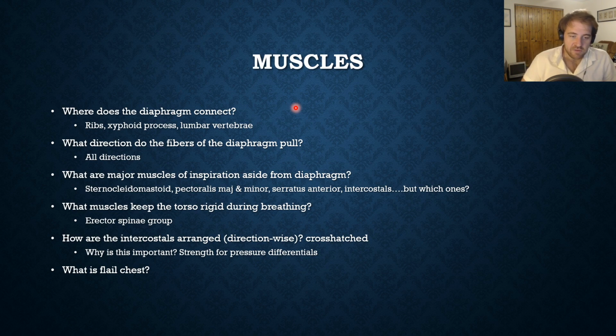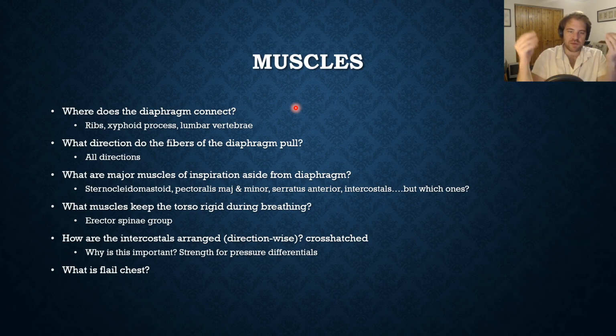How are the intercostals arranged? Like this, right? So you've got some going this way, some going this way, and then you have that other group, the innermost intercostals, which are arranged like this. So you've really got three different directions.